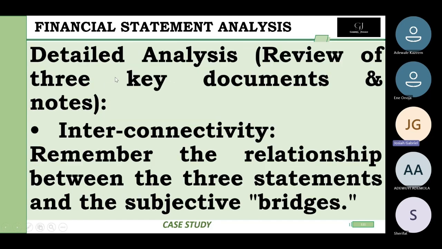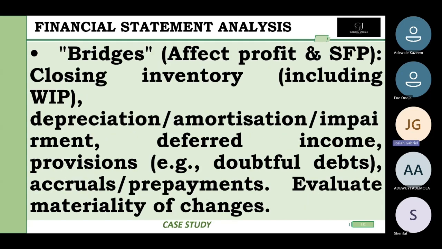Okay. For detailed analysis, you need to review 3 key documents and their interconnectivity. You need to remember the relationship between these 3 statements and the subjective bridges. They are called subjective bridges, the 3 documents. They affect profit and the SFP, speaking to your closing inventory, which includes your work in progress, starting from raw materials, work in progress, and finished goods.